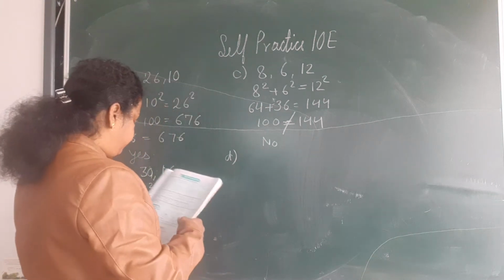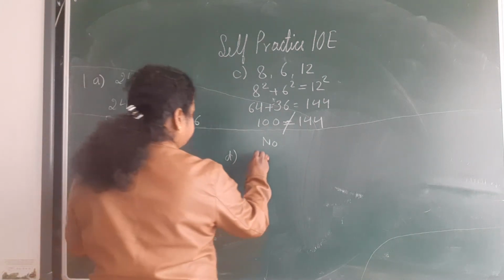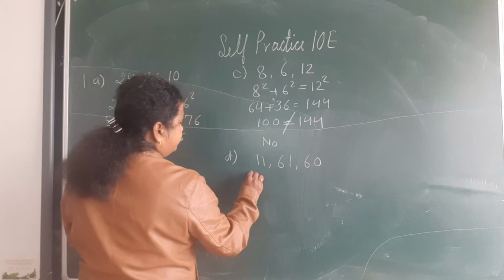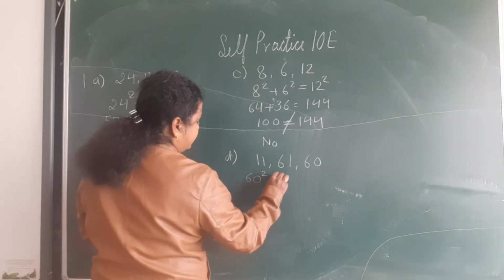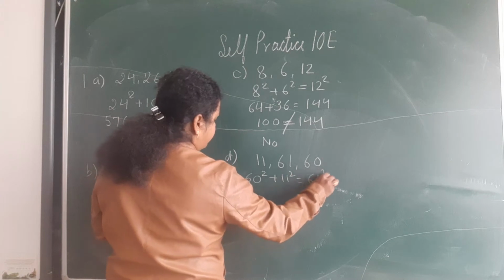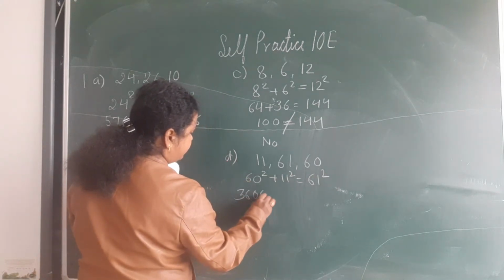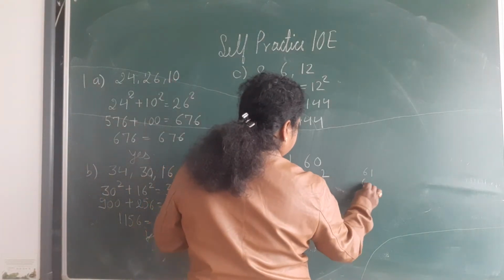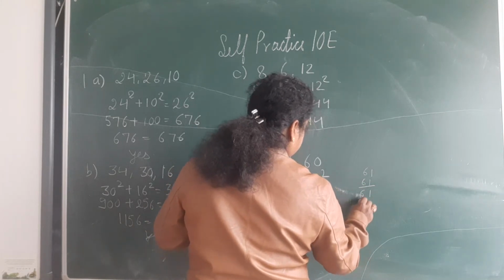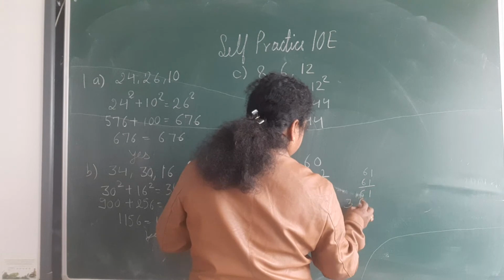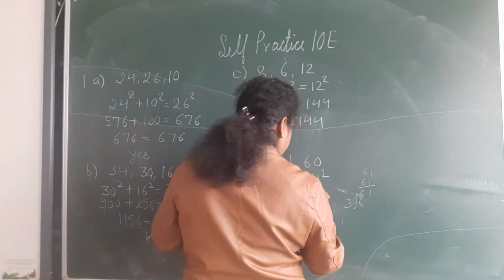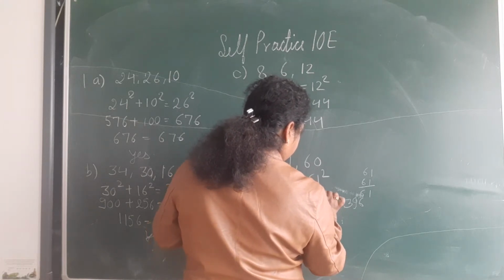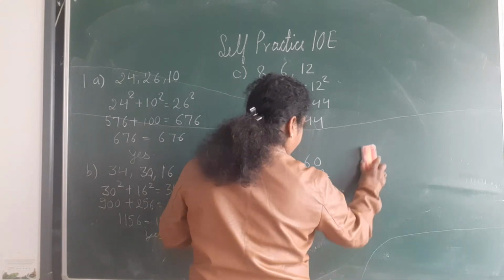Now see the D part. 11, 61 and 60. So you will have 60 square plus 11 square is equal to 61 square. 60 square means 3600 plus 121, which should be equal to 61 square, meaning 3721.